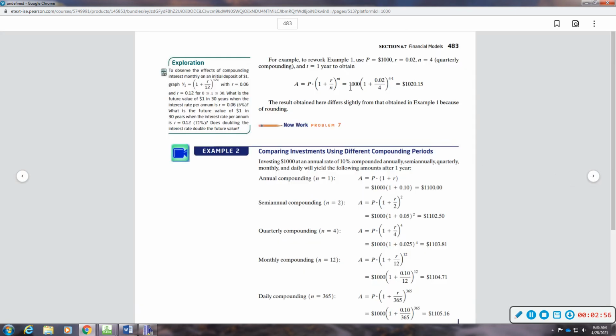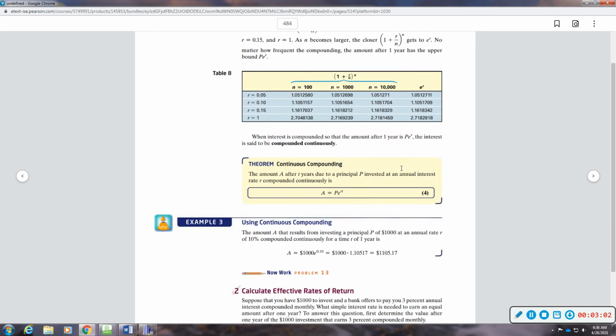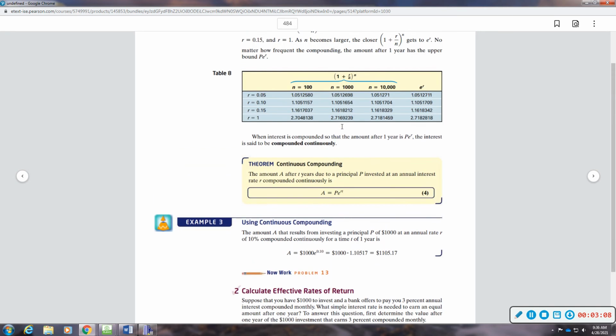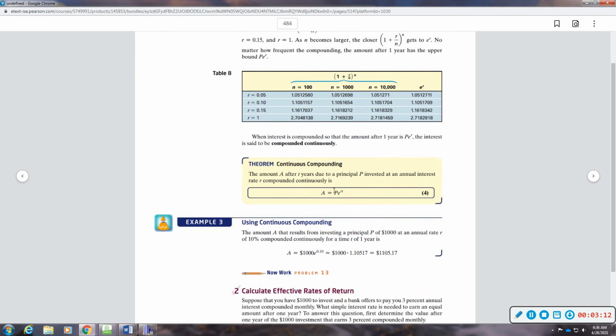All right, so here are some examples of that being used in some calculation formulation. Now, there is a continuous compound formula, which they talk about as N gets bigger, it approaches this, but this formula may be used. I don't remember if we use that, but it's important just to kind of note that and what it is.